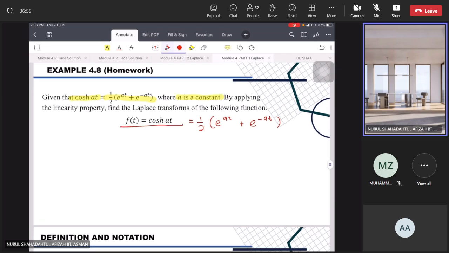Okay, so from this function, we need to find the Laplace transform of cos AT.